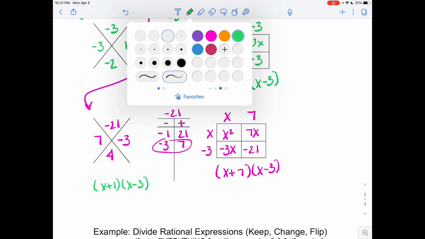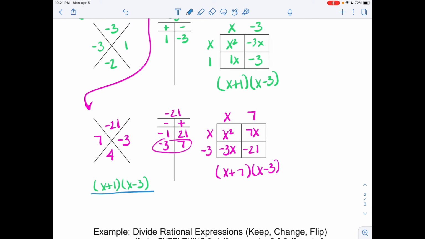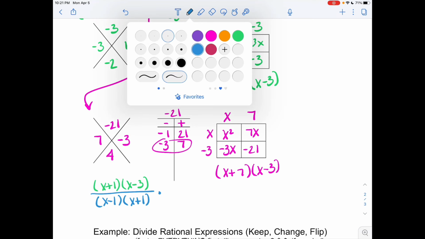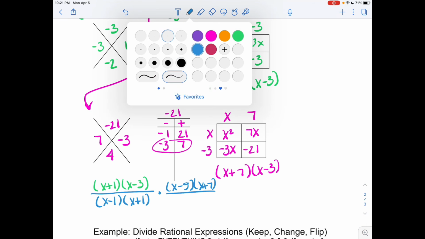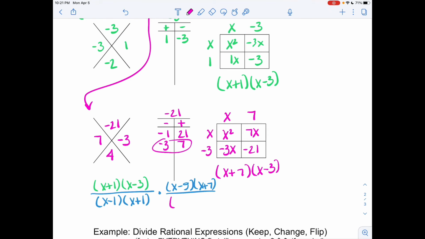I already had the bottom factored, and it was x minus 1 and x plus 1. I want to multiply that by the already factored numerator of x minus 9 and x plus 7. And then in the denominator, I have what I just did in pink, x plus 7 and x minus 3.